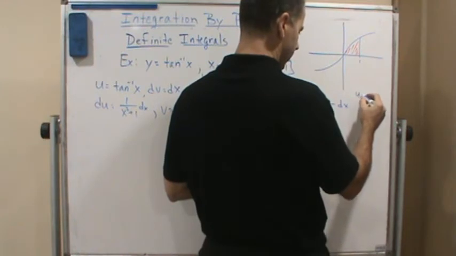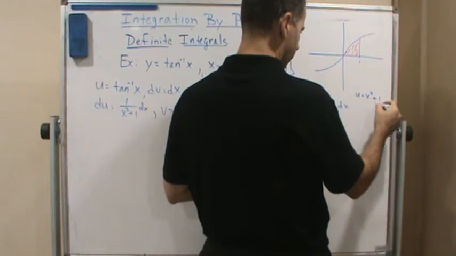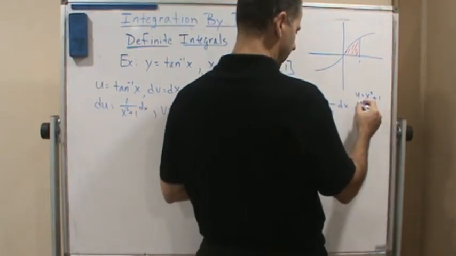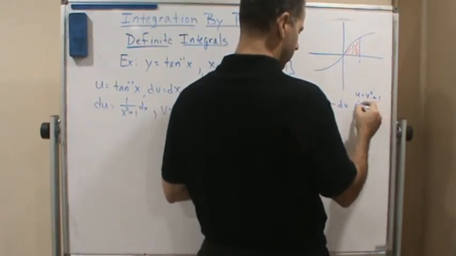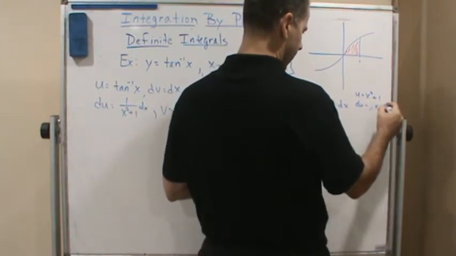So if we do our u substitution here, and we let u equal x squared plus 1, and du equals 2x dx.